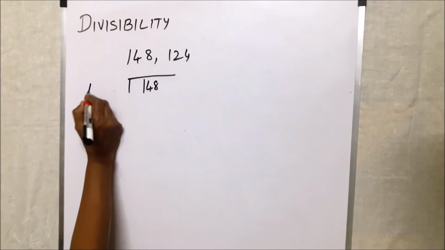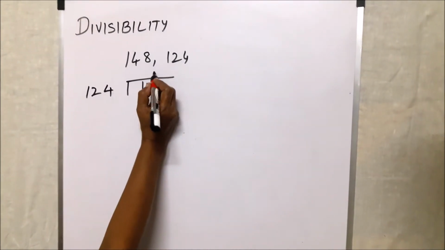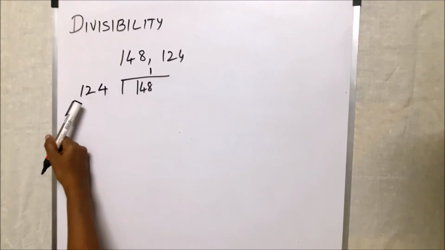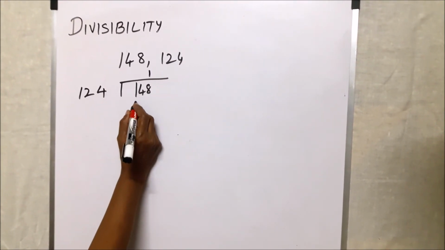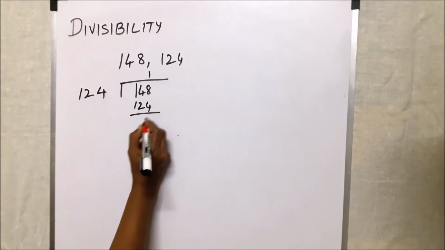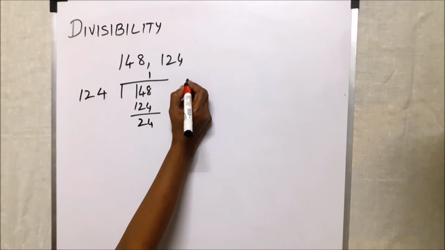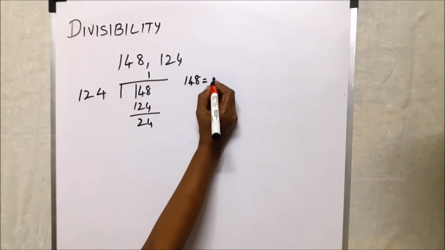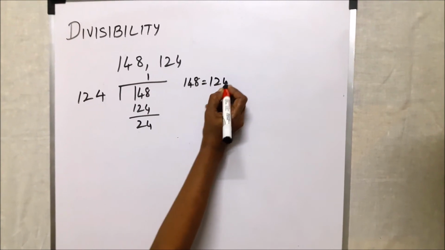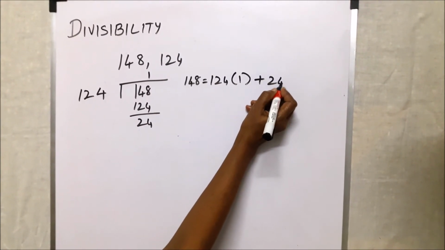We know 148 is the larger number. So let us divide 148 by 124. 124 goes 1 time in 148. What is the remainder? The remainder is 24. As per Euclid's division lemma, we can write 148 as divisor 124 times 1, the quotient, plus the remainder 24.